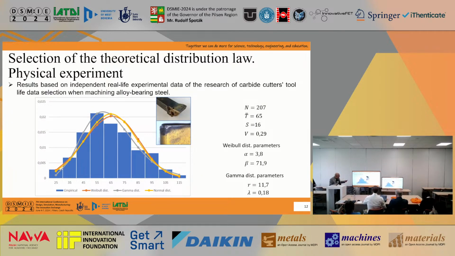Here we have results of comparison of different distribution laws: Weibull distribution, gamma distribution, and normal distribution. In comparison with the empirical histogram, you see all three distributions are very close to one another.